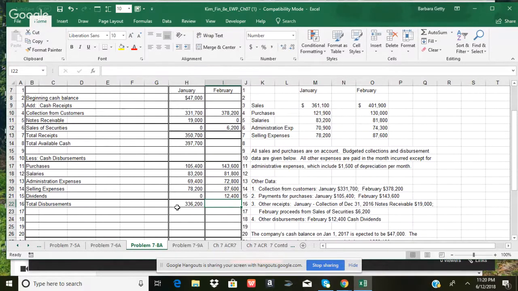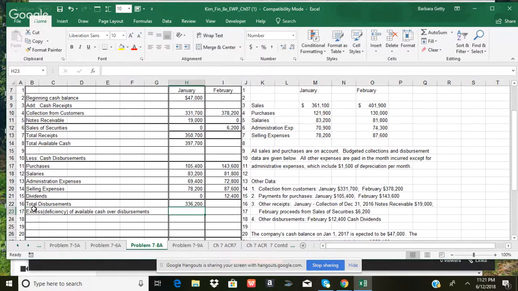After the total disbursements, we are going to subtract the total cash available, the $397,700, from the total disbursements of $336,000, and that will give us the excess deficiency of available cash over disbursements.